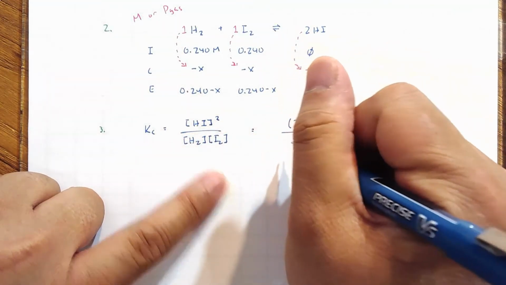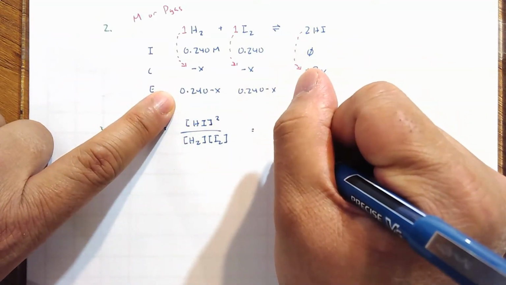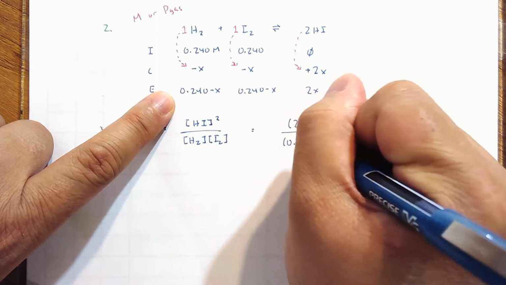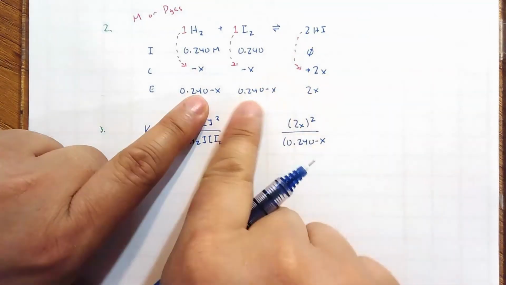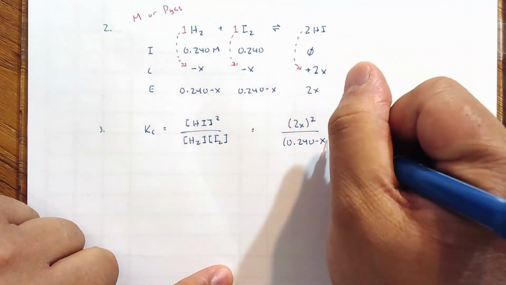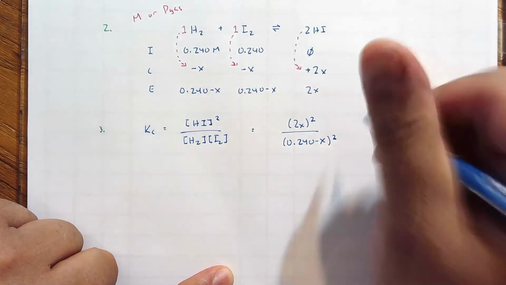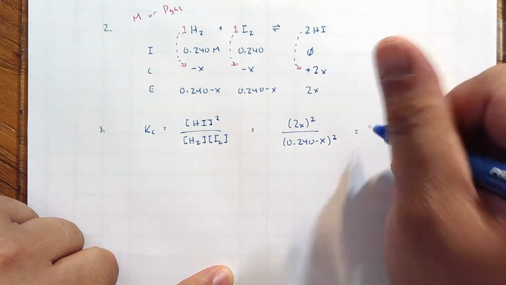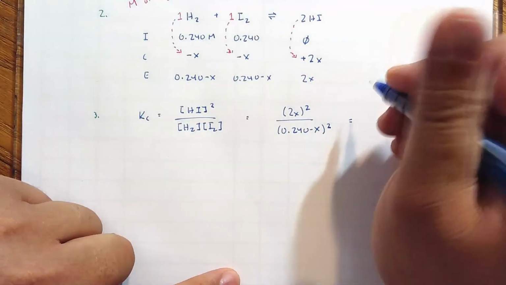Next we have the H2 concentration, which is 0.240 minus x, and you should realize that these two are identical. This is going to help us out because we're going to call this also squared, equals the equilibrium constant, which was given as 54.3, and that goes here.